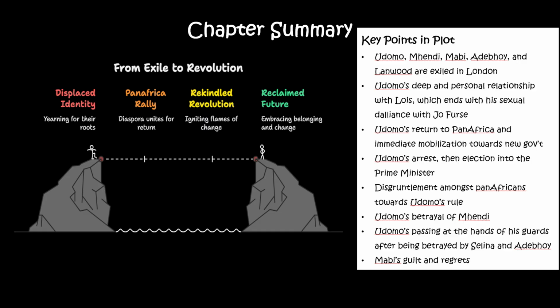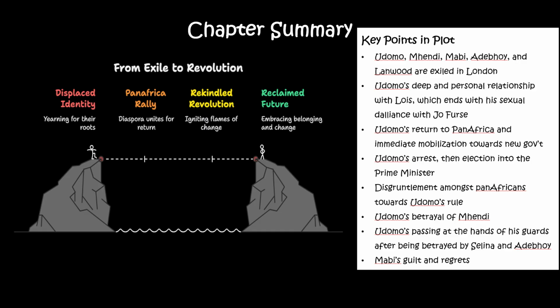He orchestrates meetings that lead him directly to Lanwood, and while there, he meets other revolutionaries and intellectuals including Paul Mabi and Adebhoy, who are his homeboys, and another revolutionary from the neighboring country of Pluralia, David Manti.